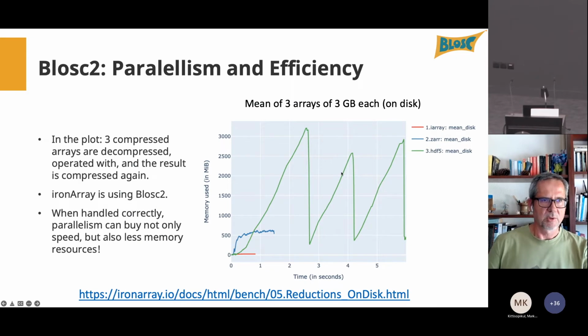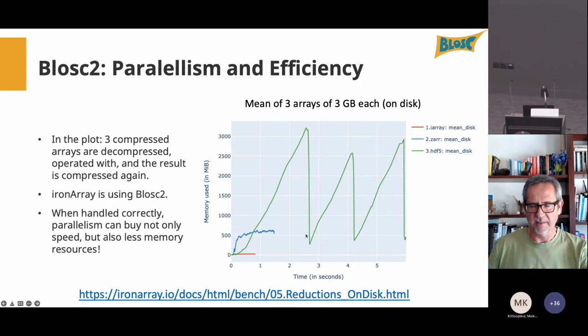So yeah, Blosc2 can bring parallelism and efficiency. In this plot, we can see 3 compressed arrays that are decompressed and operated with. We are computing the mean of these 3 arrays, and then the result is compressed again. We are using ironArray, Zarr, and HDF5.